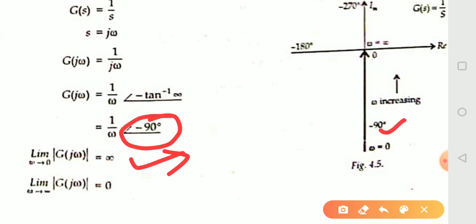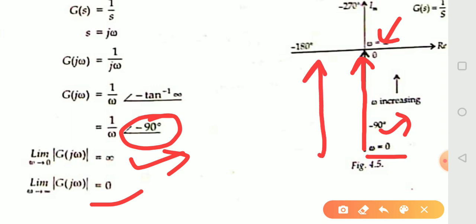At omega tends to 0 the magnitude is infinite, and at omega tends to infinity the magnitude is 0. So we take only the angle of minus 90 degree, with omega equal to 0 from here and omega tends to infinity towards here. We make this graph like this, and omega is increasing from here to here.